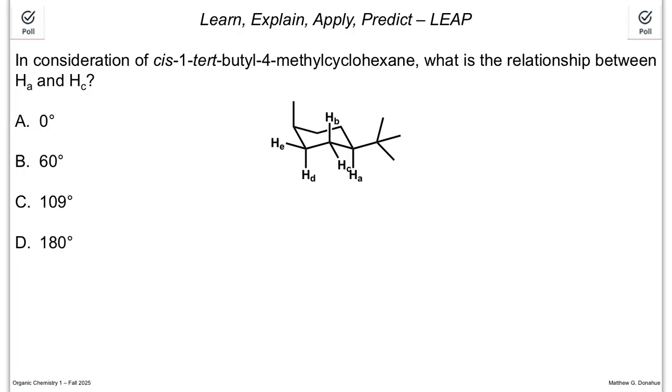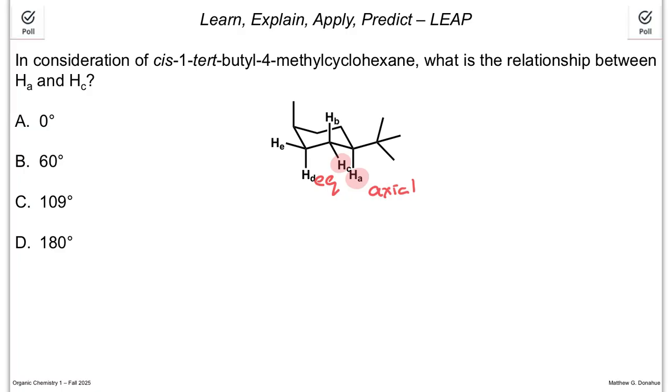So this is a little, I guess, different phrasing, more about the angle. So HA to HC. So HA is axial, HC is equatorial.